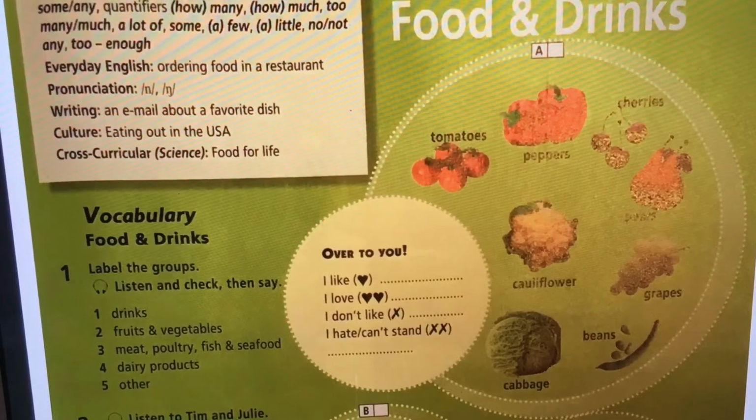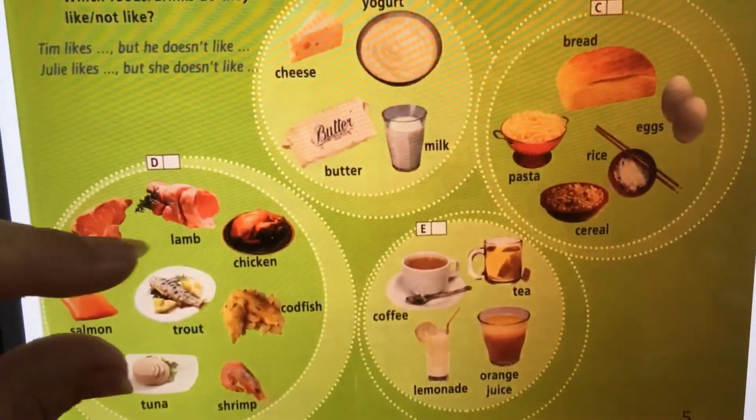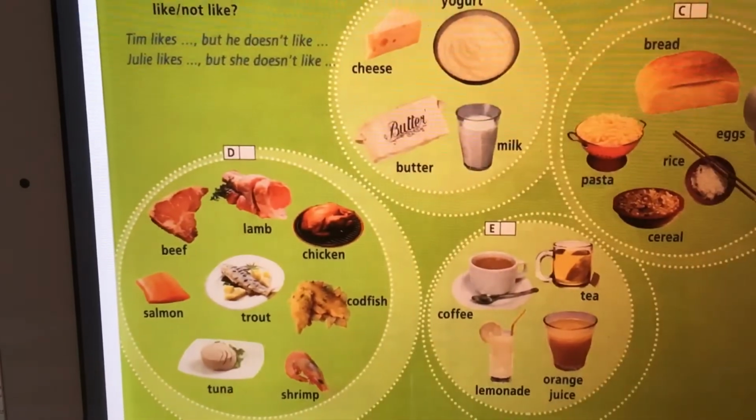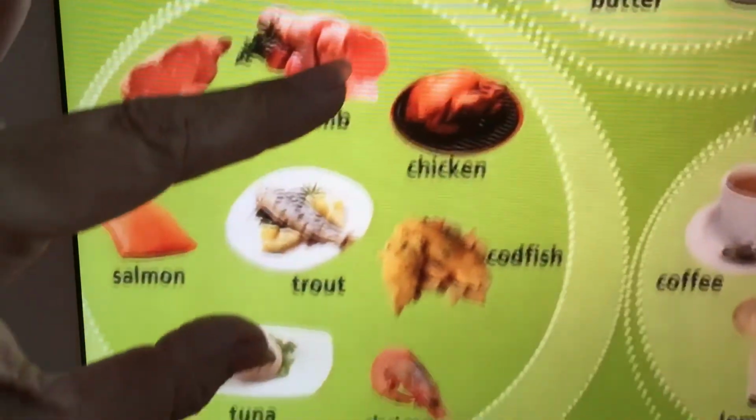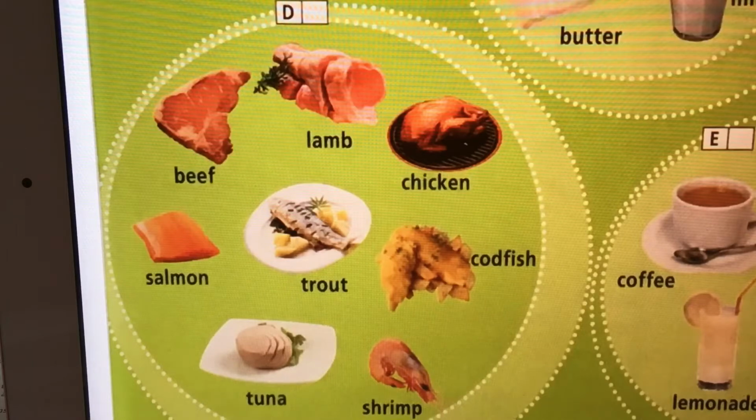Number three, we have meat. And in meat, we have this: beef, lamb, chicken, codfish, shrimp, tuna, salmon, and trout.